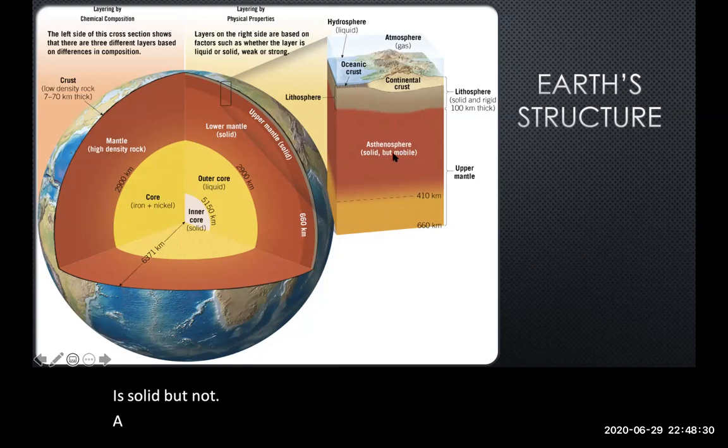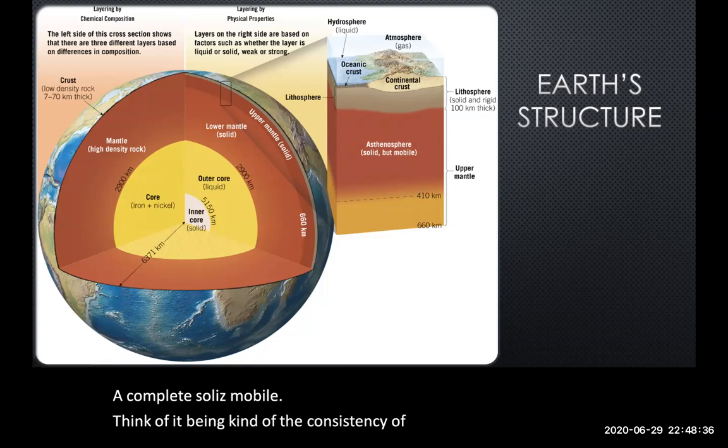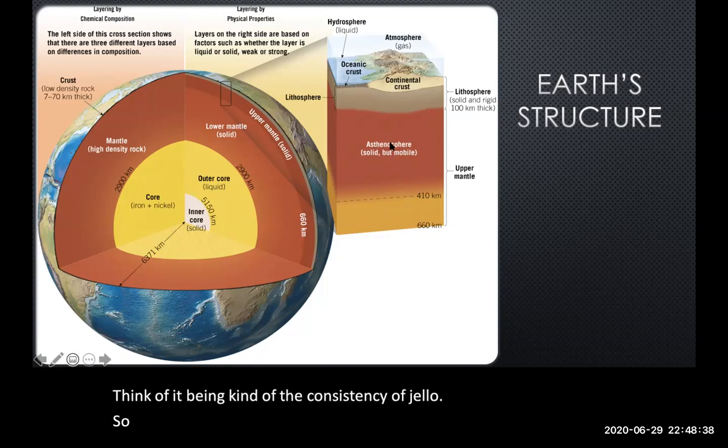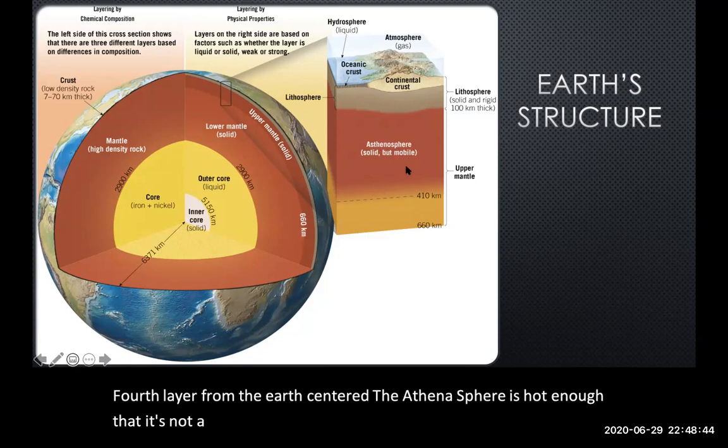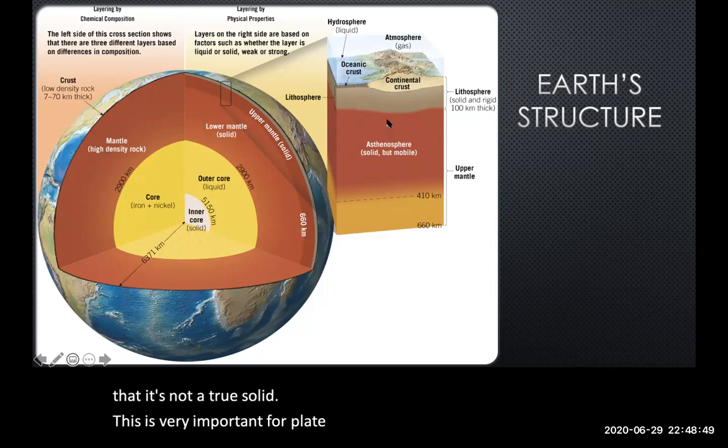It's mobile. Think of it being kind of the consistency of jello. So this fourth layer from the Earth's center, the asthenosphere, is hot enough that it's not a true solid. This is very important for plate tectonics, which we will discuss later.